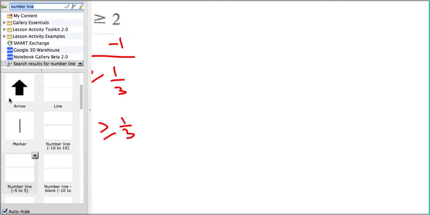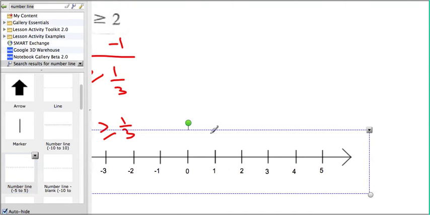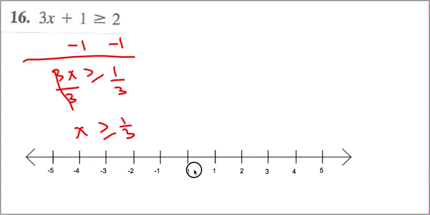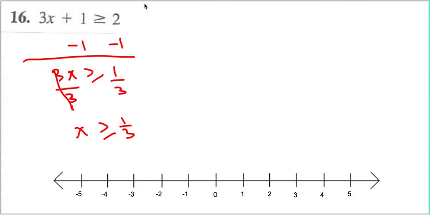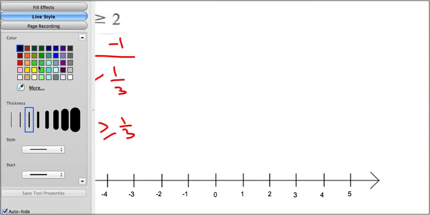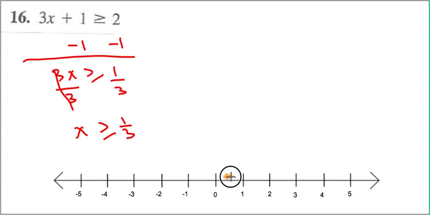Now, just like before, I can put it this way. 1/3 is about this much. So there it goes, 1/3, and we can have a closed circle.